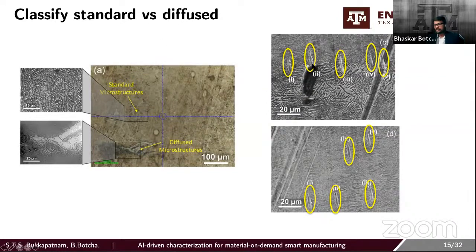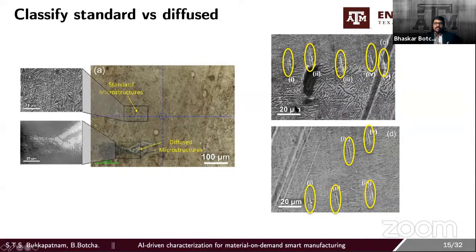We have made 5 scratches on the standard microstructure and 5 scratches on the diffused microstructure, and we have collected the data from both these nano scratches. We are seeing if we can classify these two, because they stand apart in terms of the signal features, as we'll see in the further slides.